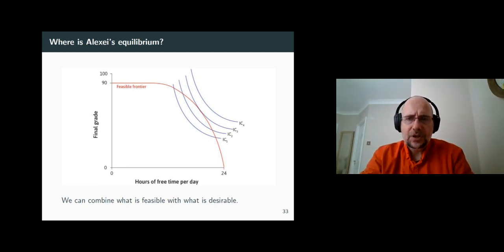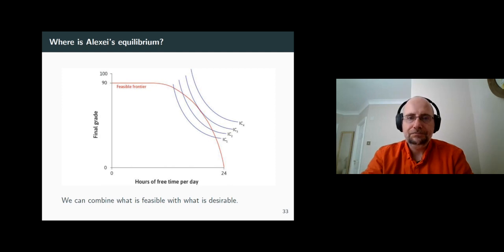The indifference curve tells you what's desirable, and the feasibility constraint tells you what is feasible. So this graph combines the two. This combination then will tell us what's best for the consumer given his constraint.